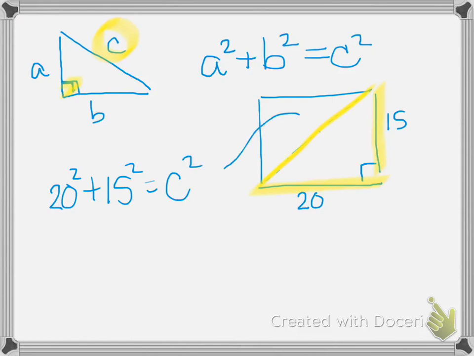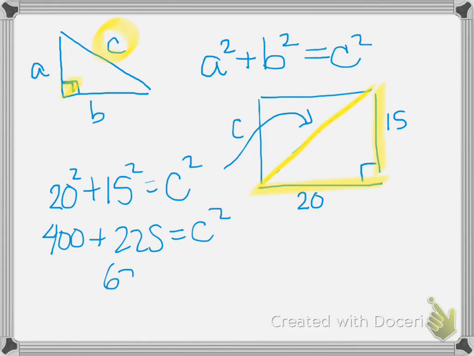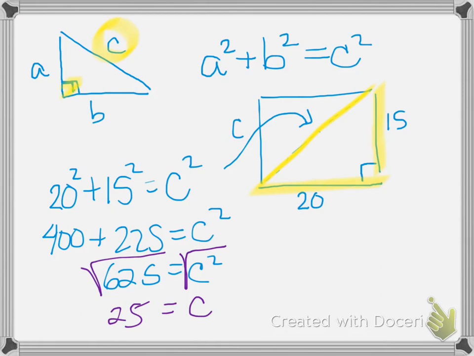So C would be right there. 20 squared is 400, and 15 squared is 225, and that's supposed to equal C squared. So that's 625. And remember, to get rid of a squared, I can use the square root of each side. So C equals 25. This is a 25-inch screen.